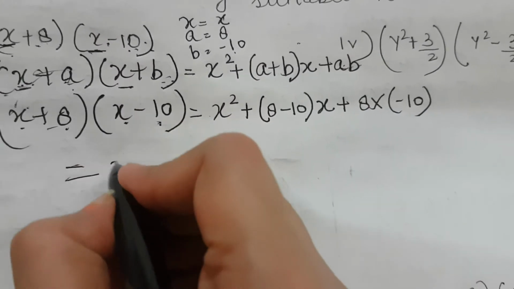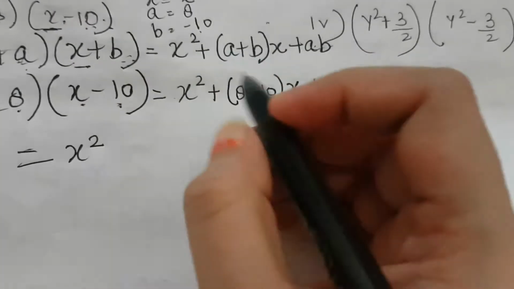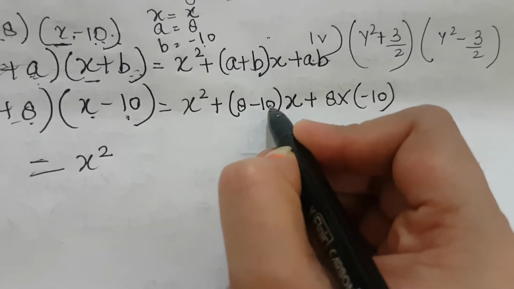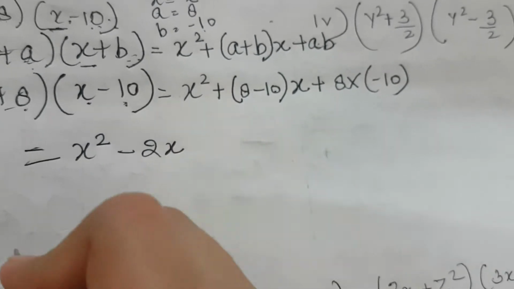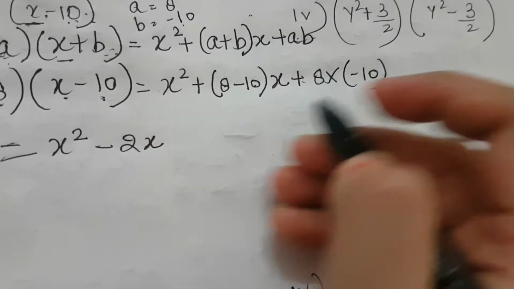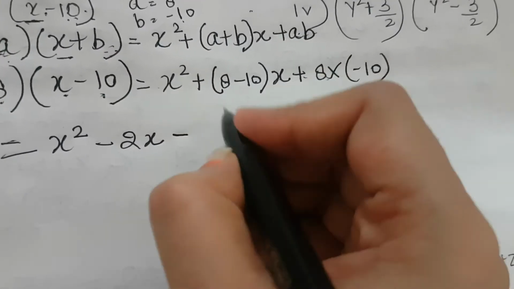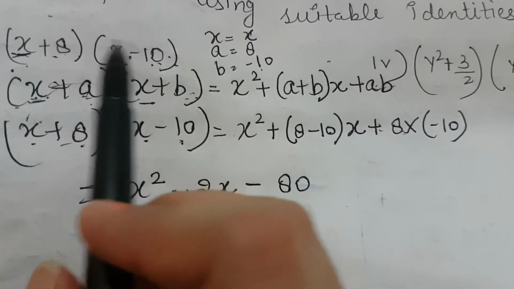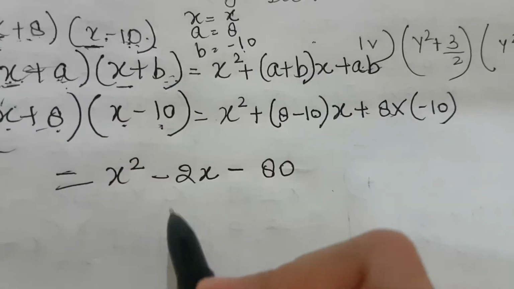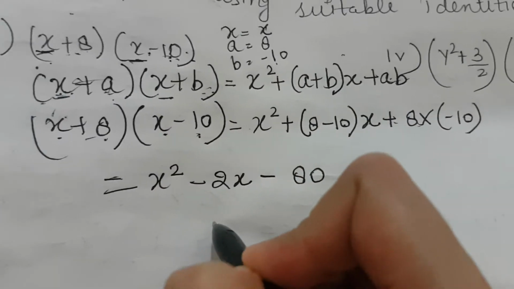So x square, 8 minus 10 is minus 2, so minus 2x, and plus minus minus, 8 into 10 is 80. So the expansion of this is x square minus 2x minus 80.